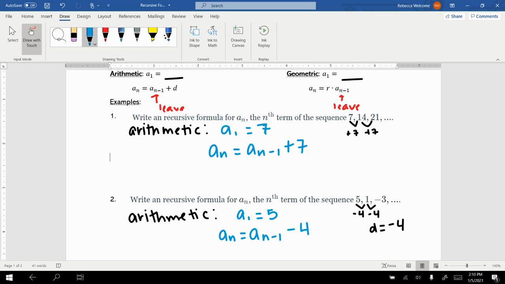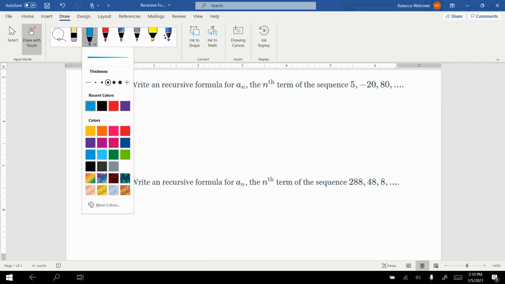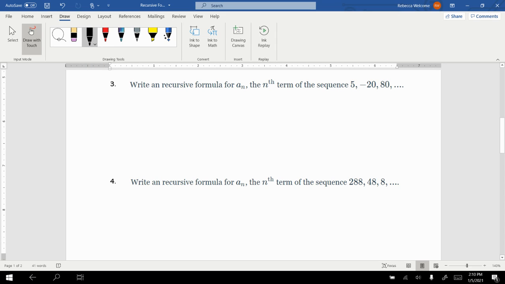So those are the arithmetic ones, and then we're going to look at the geometric ones. So for geometric, we're going to put the ratio times that a sub n minus 1. Okay, so here, 5 to negative 20 and negative 20 to 80, I'm multiplying by negative 4. So again, it's geometric since I'm multiplying.